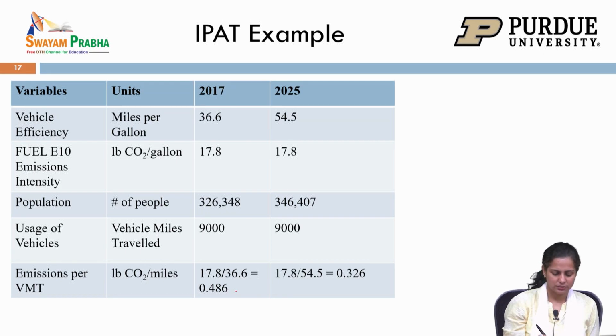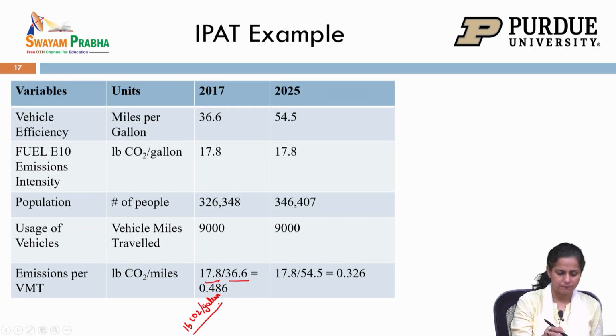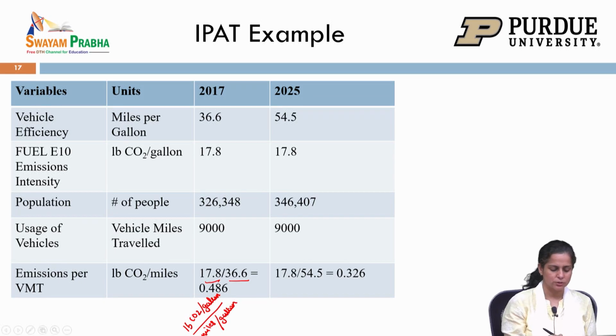So this is calculated as 17.8 divided by 36.6. We are basically dividing the pounds of CO2 per gallon by the miles per gallon, and hence you get the pounds of CO2 per mile.